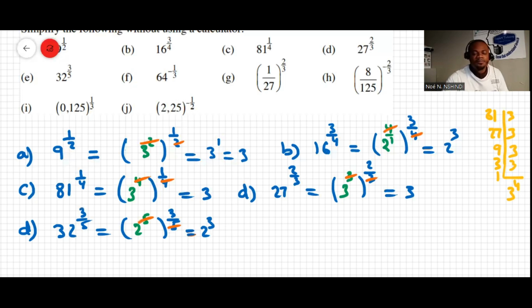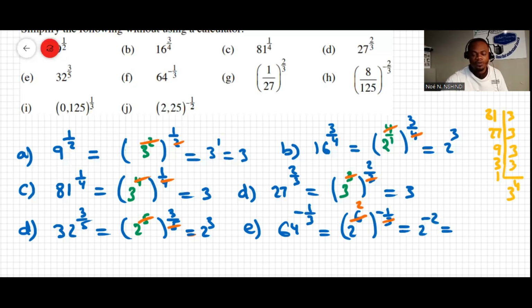And then E says 64 to the power of negative a third. And now we're going to write 64 as 2 to the power of 6. Now if we simplify 6 and 3 there, we're left with 2, and then that makes 2 to the negative 2, which is 1 over 2 squared, which is just a quarter.